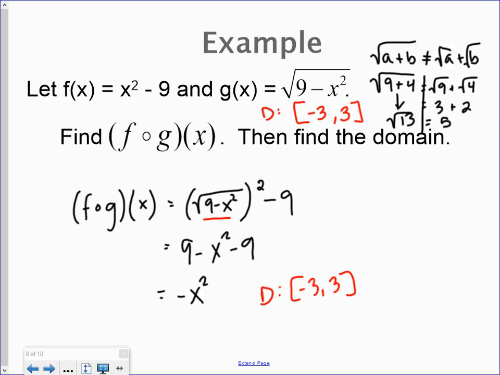Yes, you. Okay, can you give me another number that works or doesn't work? Do you know why some work and some don't? Does 0 work? 9 minus 0 squared? Can you do the square root of 9? Yeah. Does 1 work? 9 minus 1 squared?